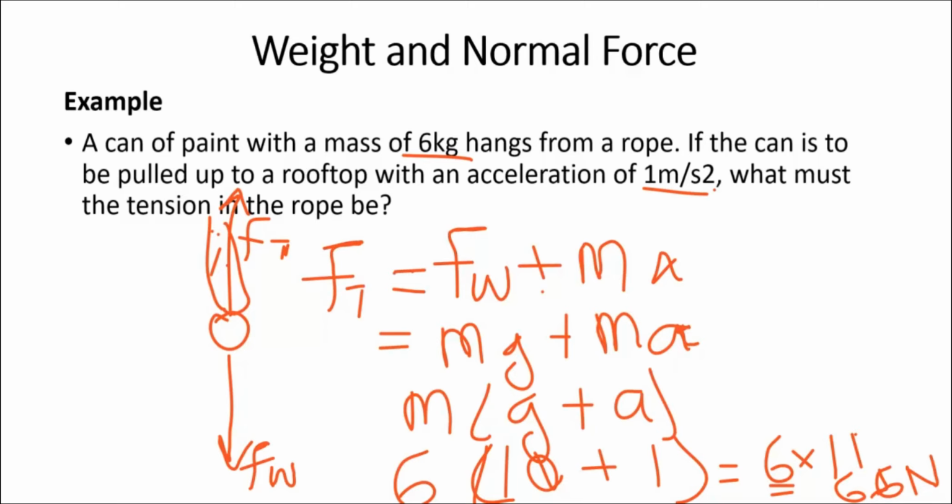And this applies to Newton's second law that says net force is equal to ma, mass times acceleration. So we just add the force applied on the weight plus the force of the object, as how we get the tension force.